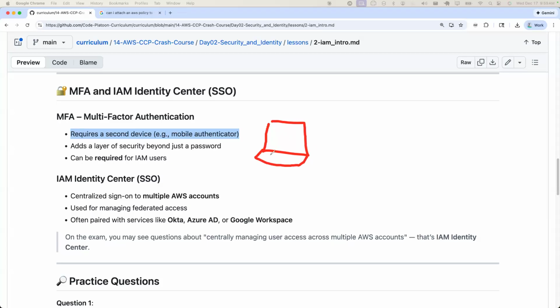Here's my laptop, and here's me with my phone. And then here's my bank.